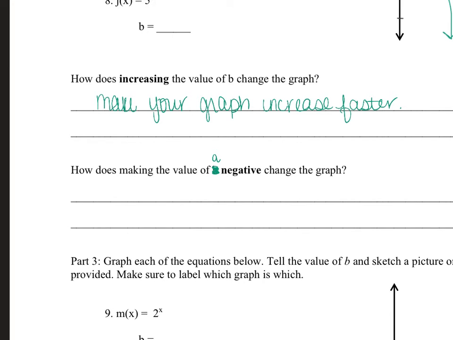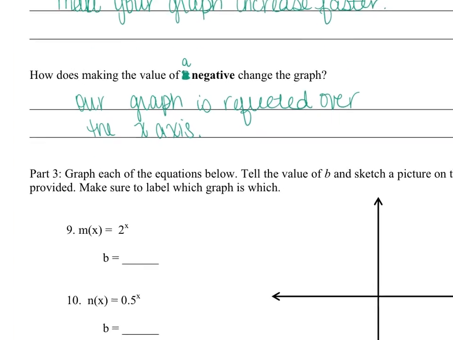A always changes if it's stretched, compressed, or reflected. So when a is negative, our graph is reflected over the x-axis. Okay, so keep that in mind. When you see a negative, you can expect it to look upside down.